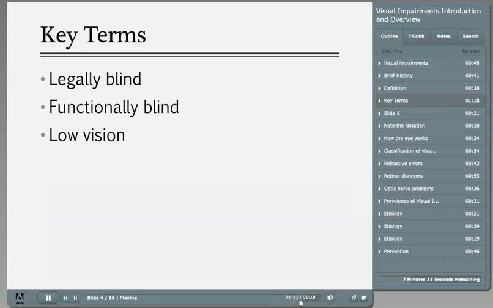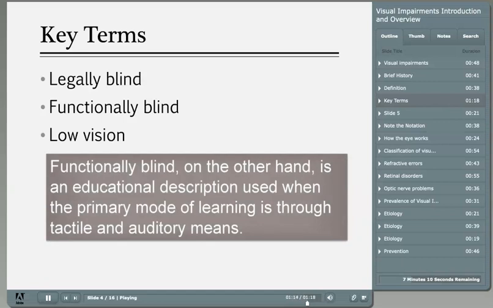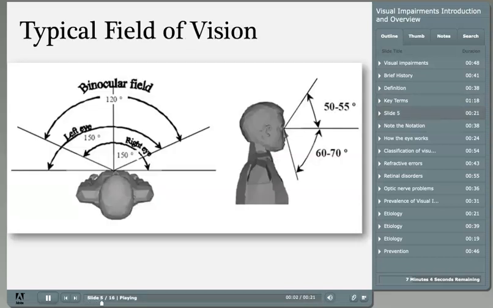Functionally blind, on the other hand, is an educational description used when the primary mode of learning is through tactile or auditory means. A normal person can see about 135 degrees up and down and 160 degrees from side to side. So 20 degrees or less from side to side or up to down is quite a limited field of vision.